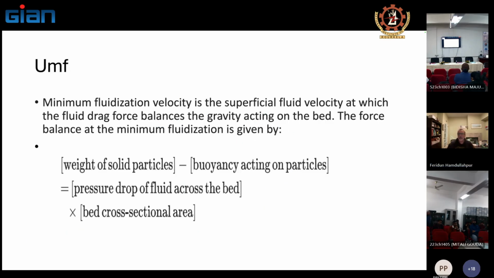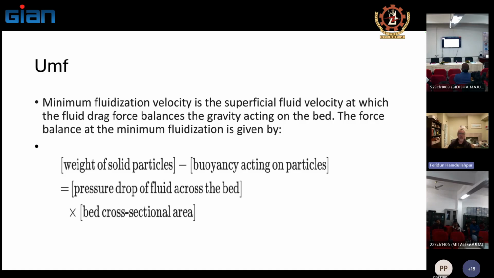So to put this in a formulaic way, the weight of solid particles, we subtract the buoyancy acting on the particles. Of course, if it's air, this buoyancy effect is negligible, but if it's water or liquid, it is appreciable, therefore you have to take it into consideration.